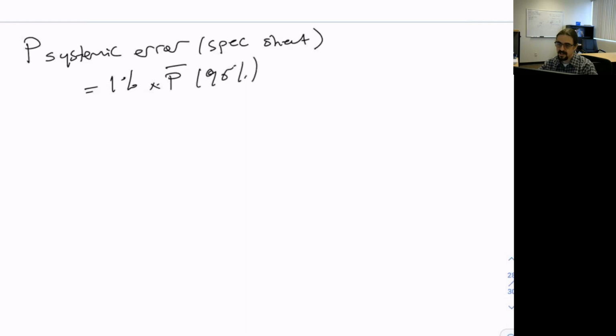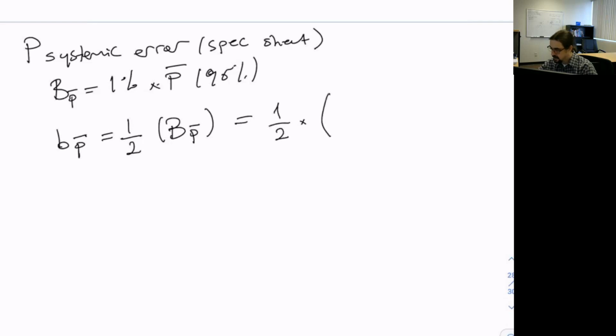So now I know that the systemic error at 68 percentile, which I'm going to call big B, the small b for pressure, is going to be 1 over 2 (half of the 95 percentile value) times 0.01, that's my 1%, of the real reading that we got, which was given as 2253.91.